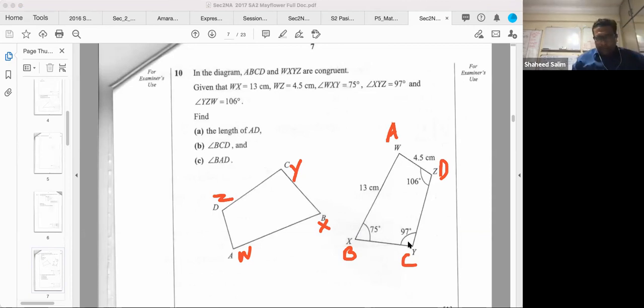Well done. You're using this method. It's very good. Well done. For A, angle BCD. Well done. Angle BAD.